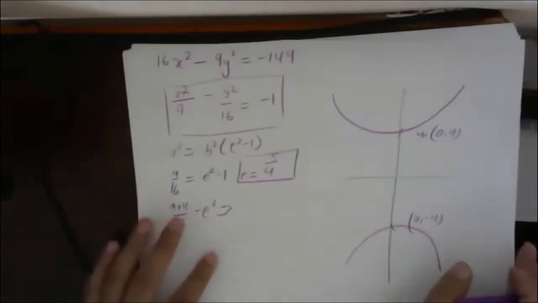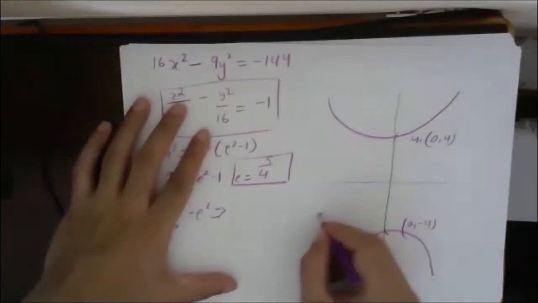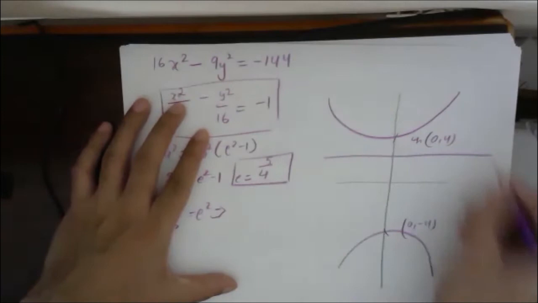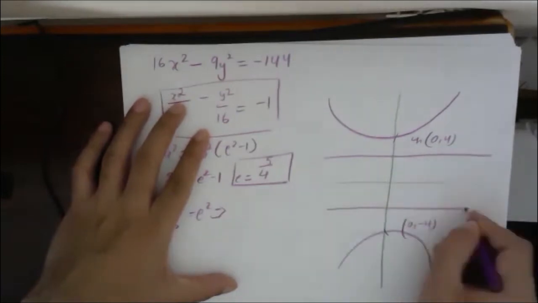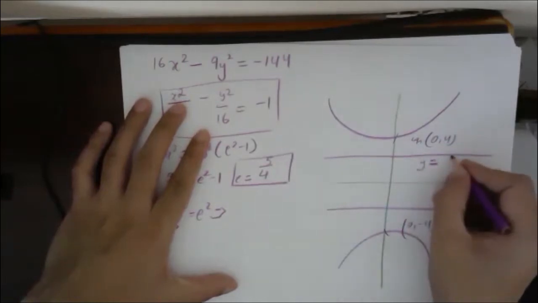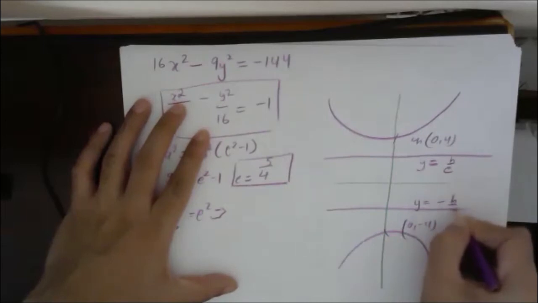Now the directrix. This is b and minus b. So here these will be the directrices: this line will be y is equal to b by e, and this line will be y is equal to minus b by e.